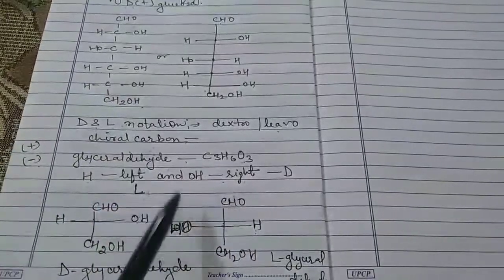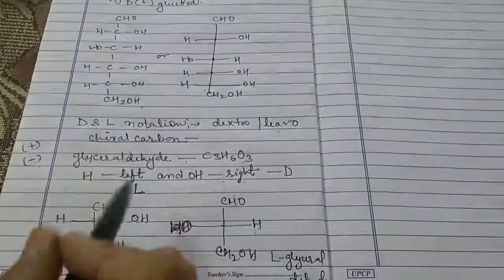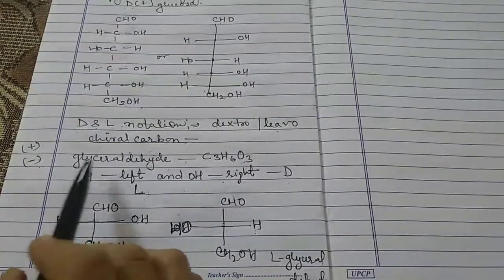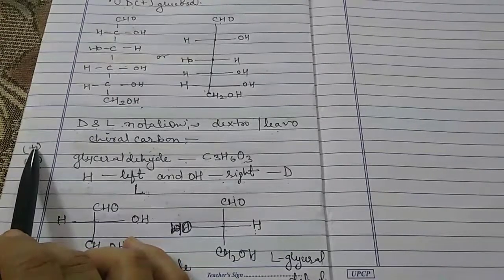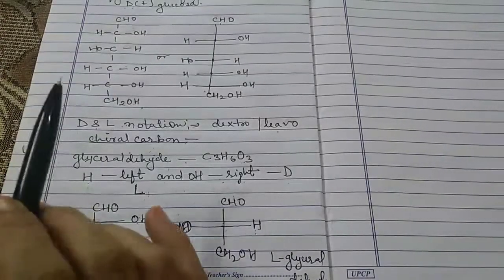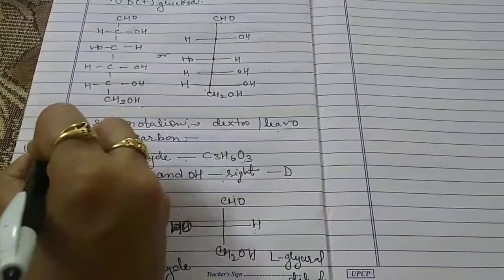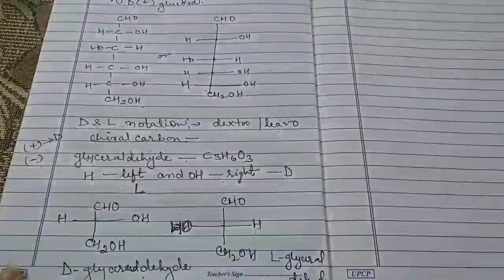All those compounds which can be chemically correlated to the plus isomers, whether glyceraldehyde or glucose, are related to the D configuration.